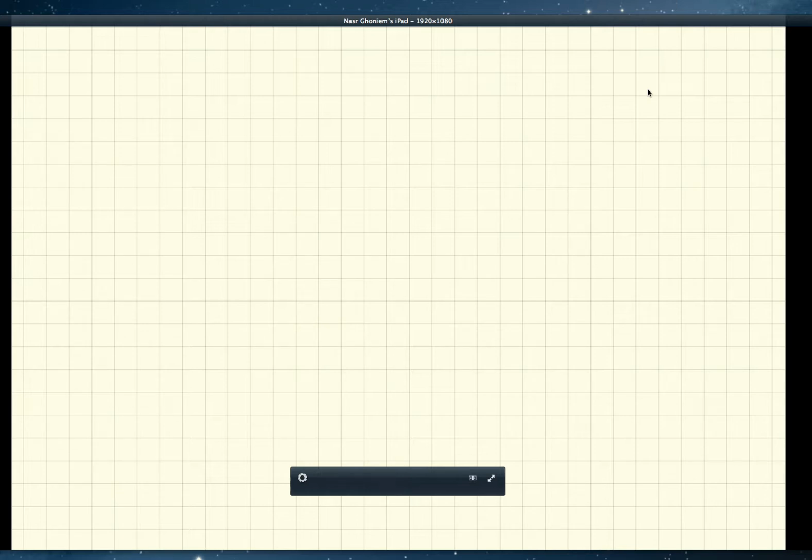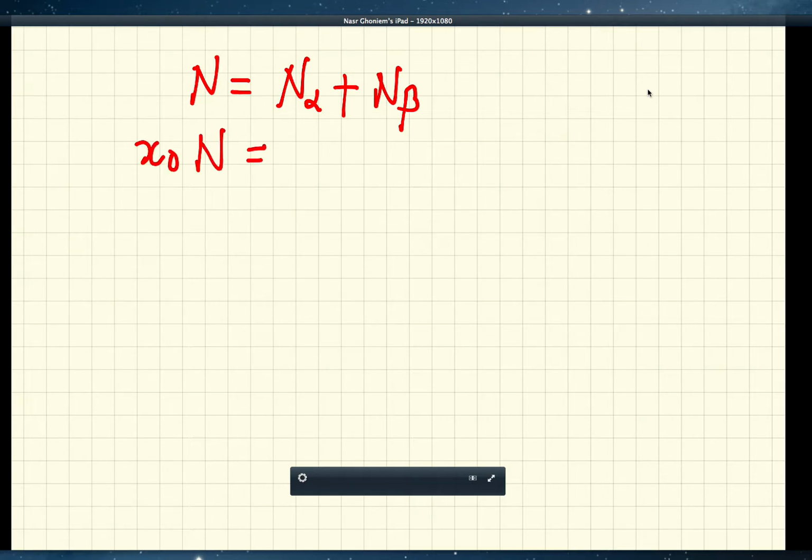Here equation 1 is N equals N sub alpha plus N sub beta, and equation 2 is X sub 0 times N equals X sub alpha N sub alpha plus X sub beta N sub beta. Note that this is a very interesting analogy to mechanics.